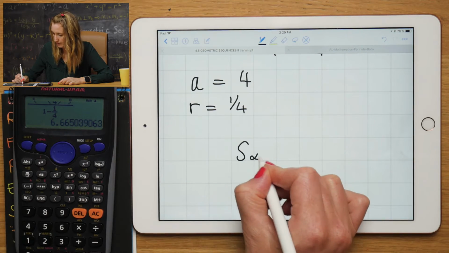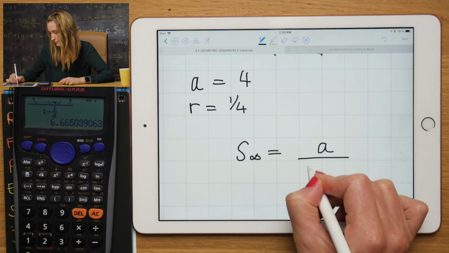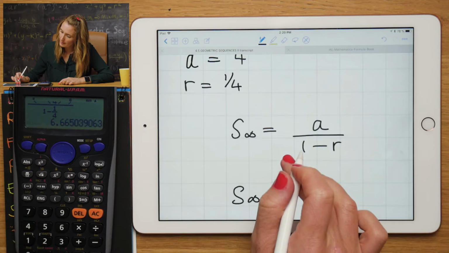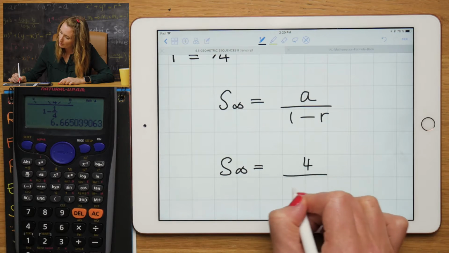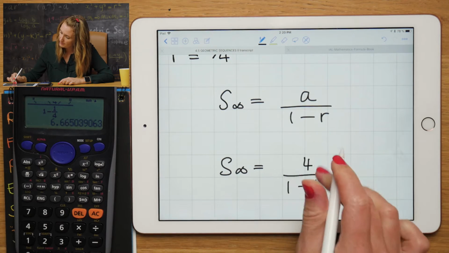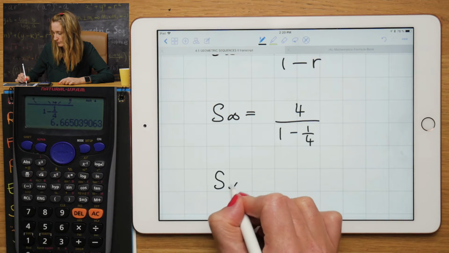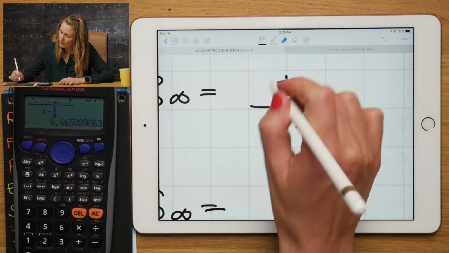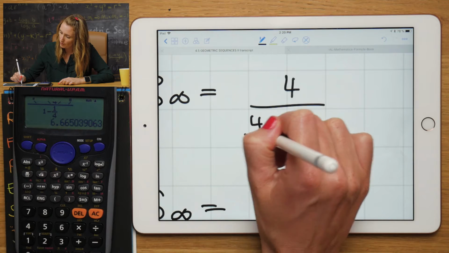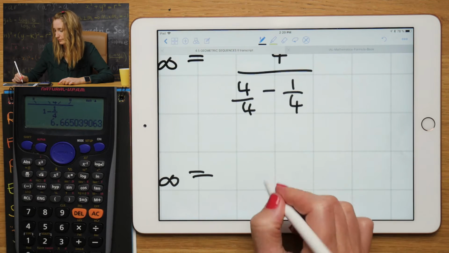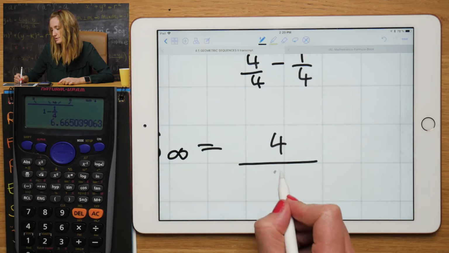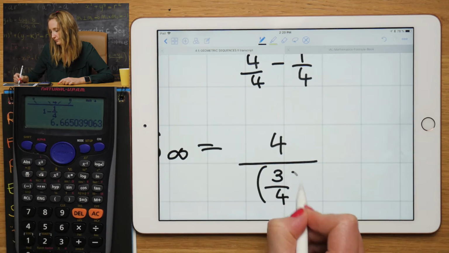So write out your formula. Here our a was 4, over 1 minus a quarter for the r. Now, to work this out, we can change the 1 into 4 over 4 so that we have a common denominator. 4 minus 1 is 3, so 3 over 4.